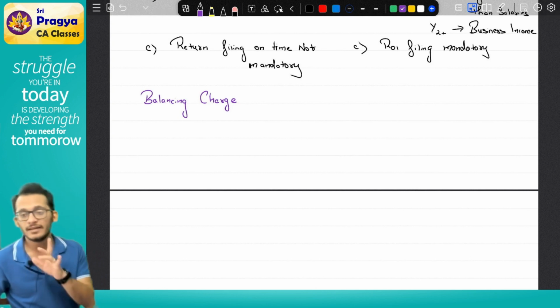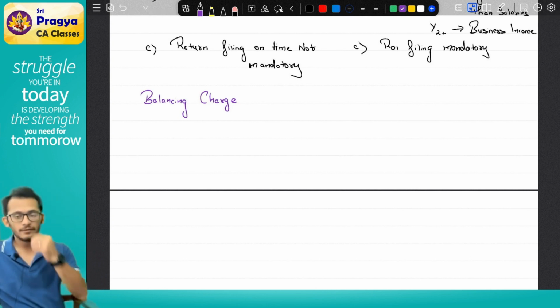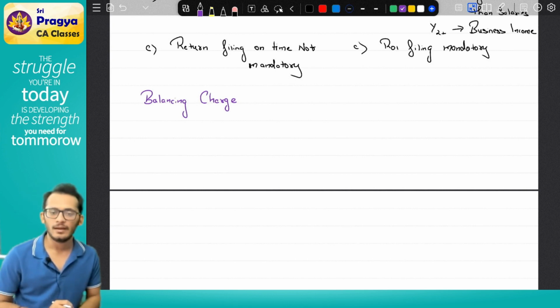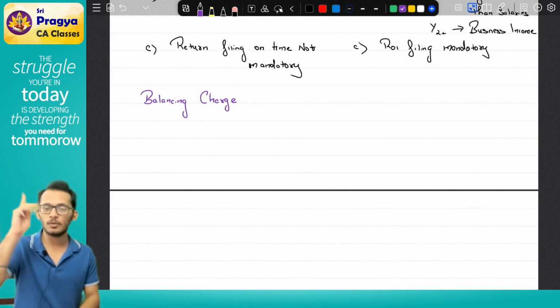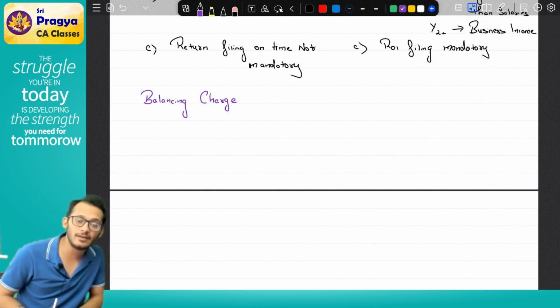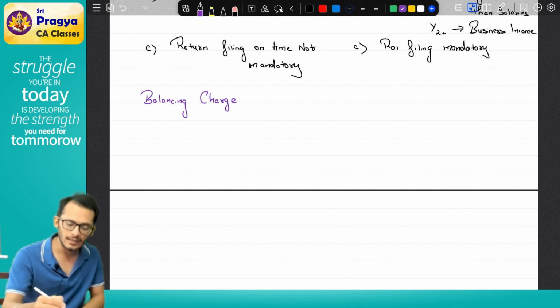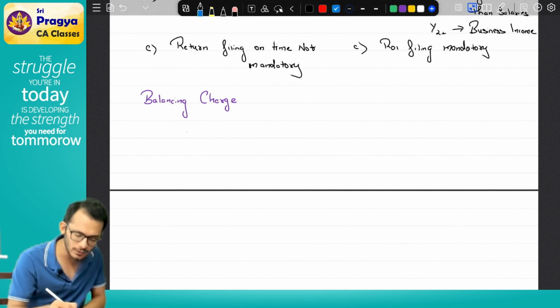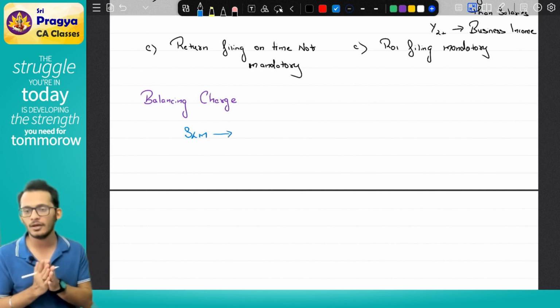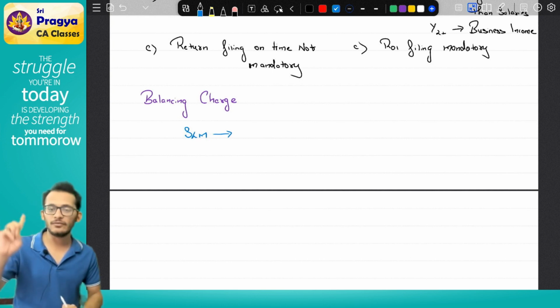When we did the WDV method, I told you that if you are planning to sell an asset, you will reduce the sale value from the block. But I did not tell you what happens under the SLM method. If you are doing the WDV method, I have no problem, because you are maintaining all the assets together and one sale value affects your other assets.